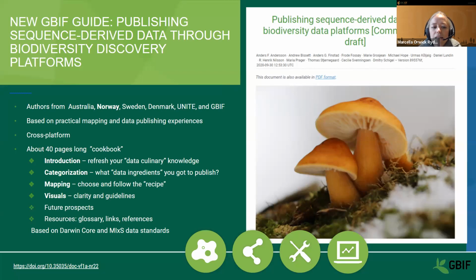Right now, it's not terribly well standardized. For instance, a lot of the metadata that needs to go along with it is not fully standardized yet. So this is a cookbook that GBIF has now made available on how to try to standardize and publish these sorts of data.